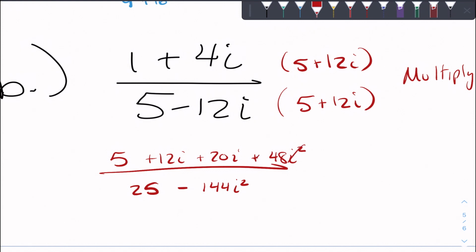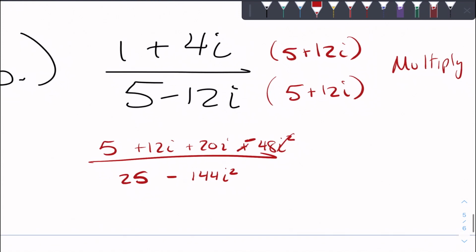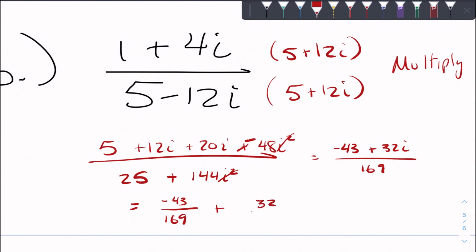So i squared is -1. 5 minus 48 is -43 plus 32i, all over 169. So this division problem, this improper fraction, turns into -43 over 169 plus 32 over 169i.